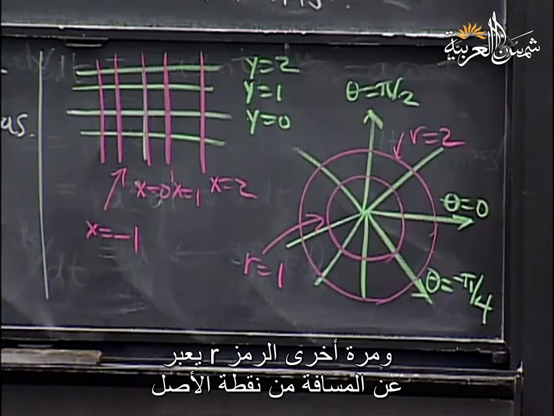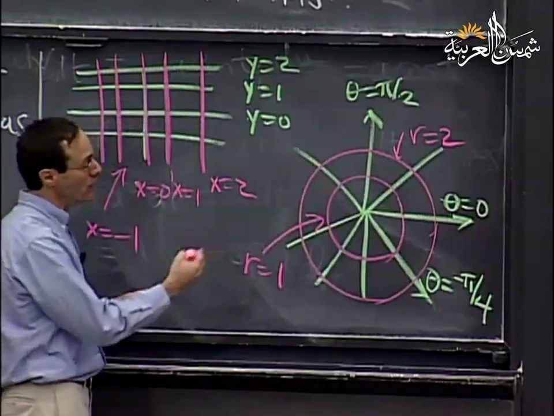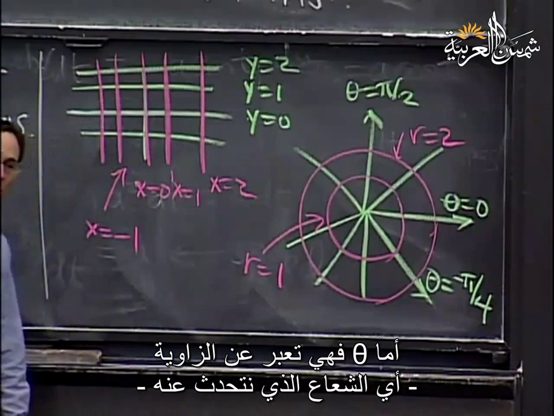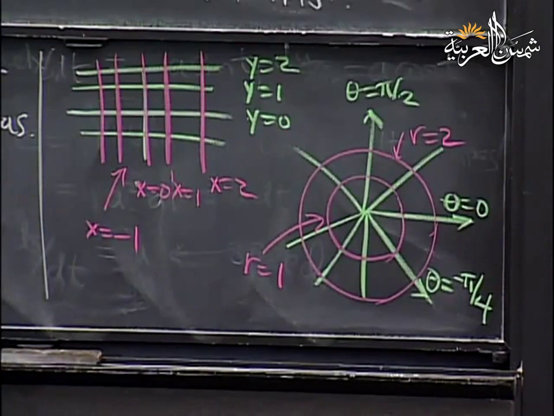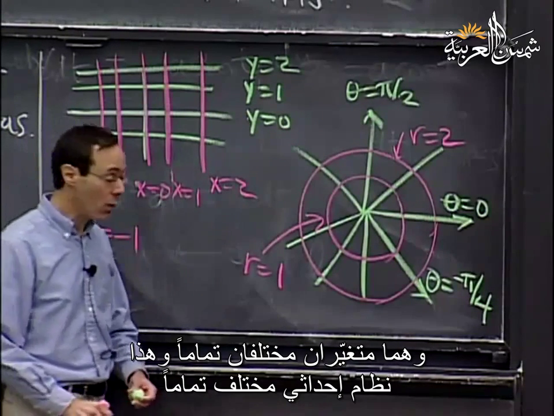And again, the letter r represents measuring how far we are from the origin. The theta represents something about the angle, which ray we're on. And they're just two different variables, and this is a very different kind of coordinate system.